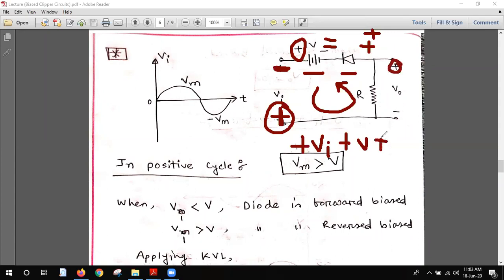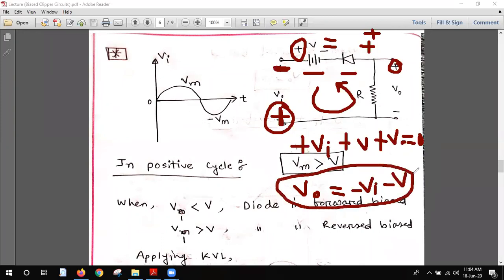So everything is plus, and this equals 0. This is the KVL equation. So from here we want to know the output equation. So the V output equals minus Vi minus V. So that is the output equation for the output voltage.